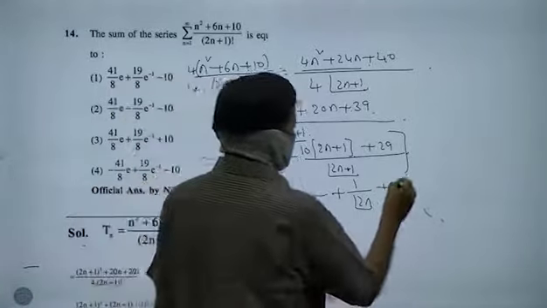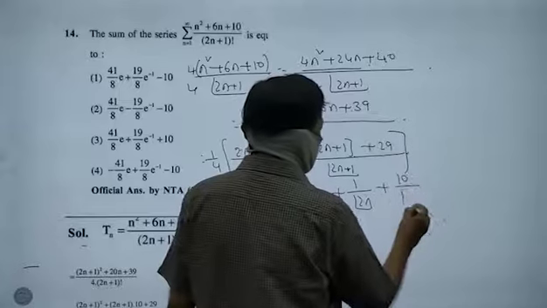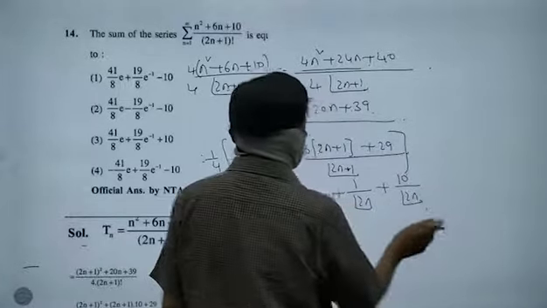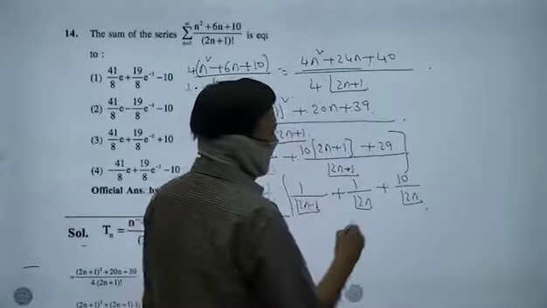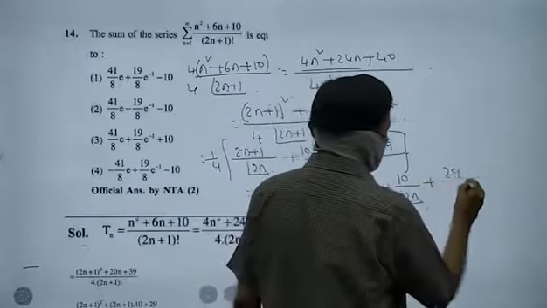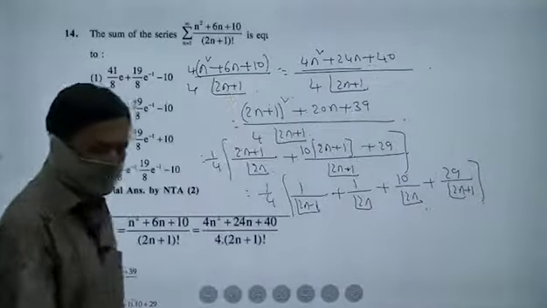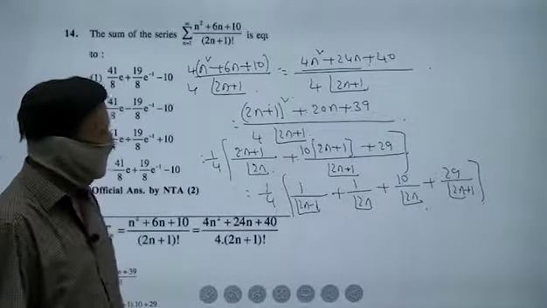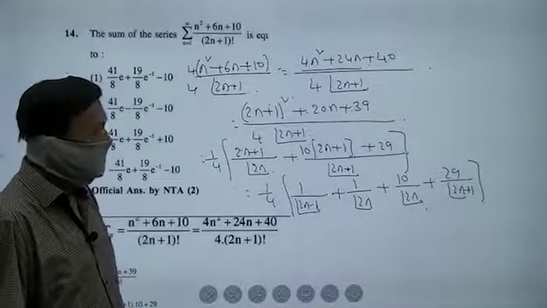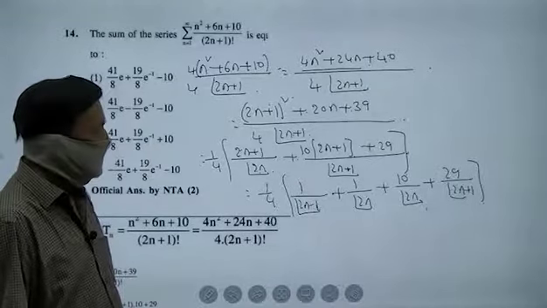This is 10 by factorial 2n, isn't it? Plus 29 by factorial 2n plus. Is it fine? You will get like this.